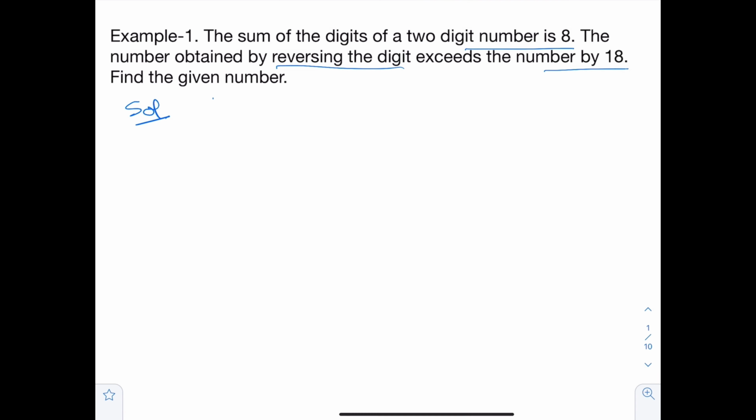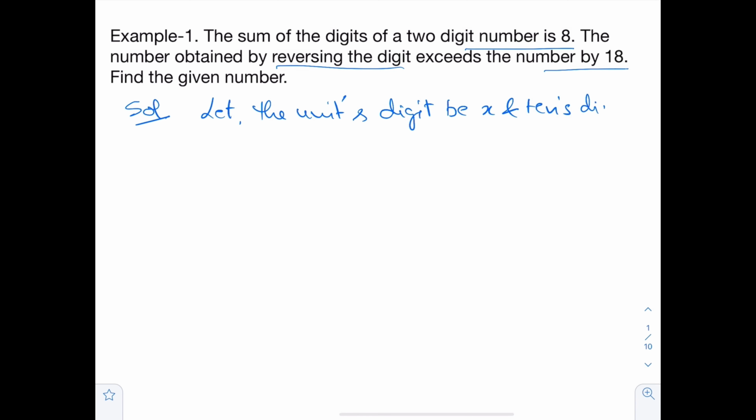So, let the units digit be x and tens digit be y. So therefore number equal to 10y plus x.